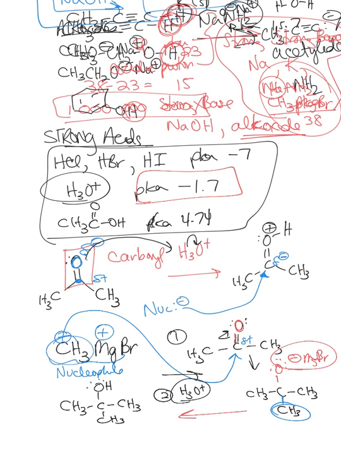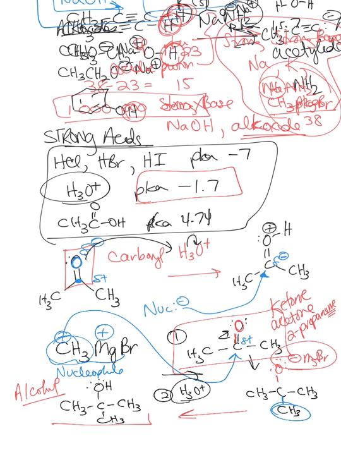Then you have to recognize that this is an alcohol. We always have a functional group transformation. We went from, you need to recognize this and name it, a ketone. The common name is acetone, or you could call it 2-propanone. See the O-N-E, ketone. And then what is this? Well, it's an alcohol.